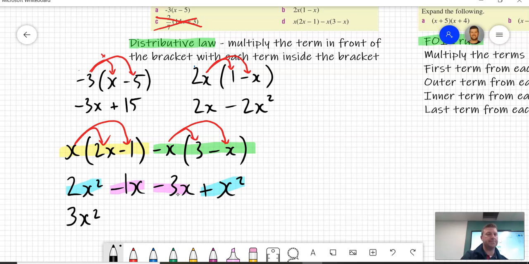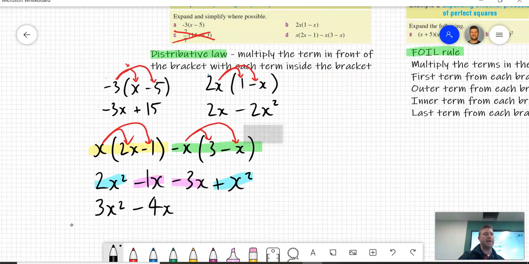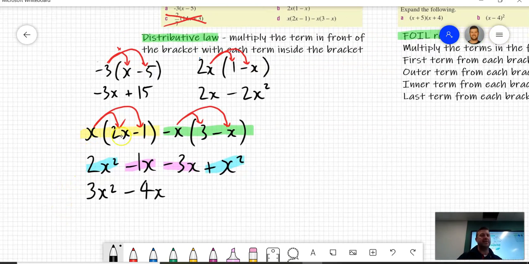Negative 4x. Okay. It only becomes a positive if we have 2 negative signs next to each other. Alright? Or if we're multiplying 2 negatives. So here we're just doing a minus 1, take 3. So that's my final answer there. My final expanded version of this expression is 3x squared, take 4x. So I've gone from something that looks quite complicated to just a 2-term expression.